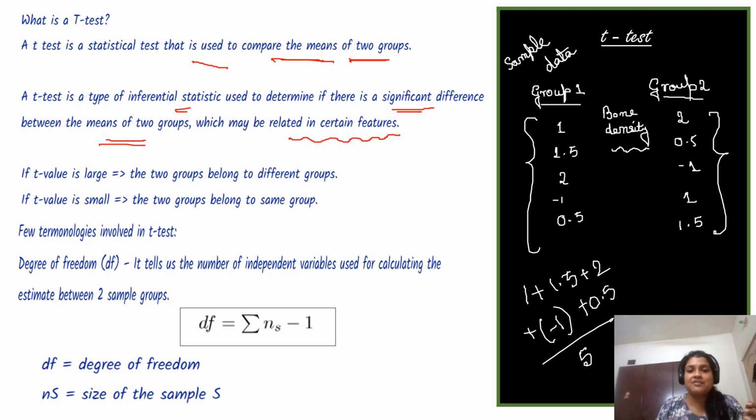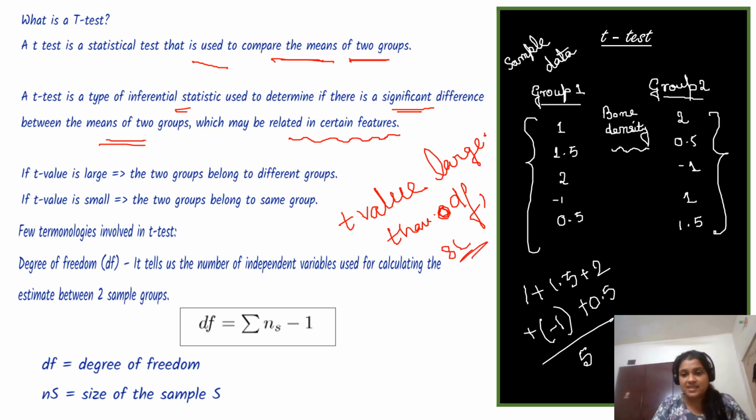We will get a value known as t-value. Now, if this t-value is large, then there is a corresponding value based on the degrees of freedom and the significance level.